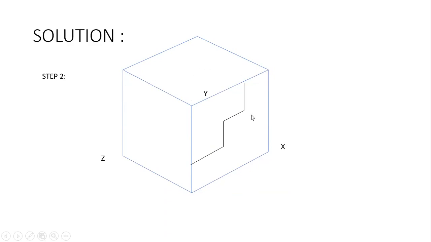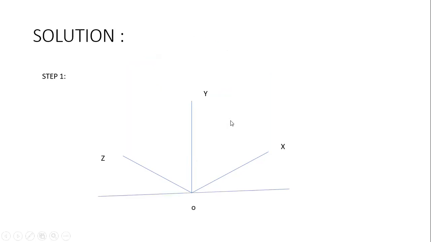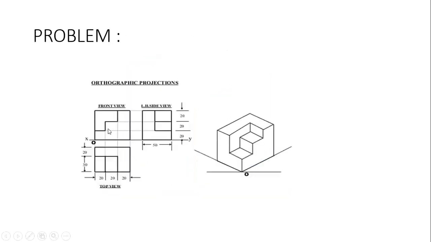Now, in step 2, we have to decide which view should be drawn first: front view, side view, or top view. Moving back to the question of the given problem, the front view gives the height and the base length of the object in 2D. The top view gives the width and the length of the given object.